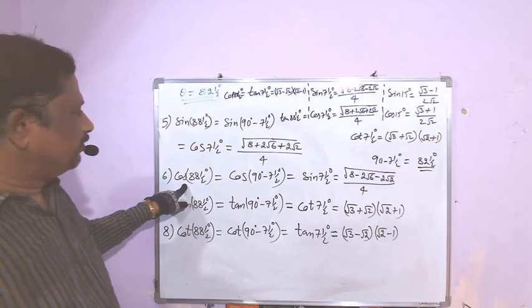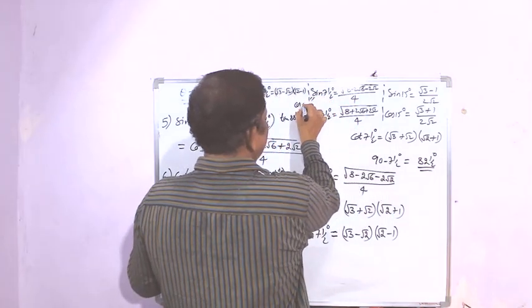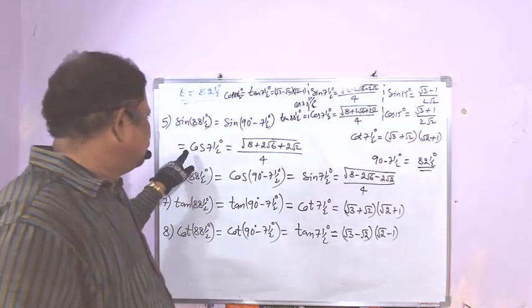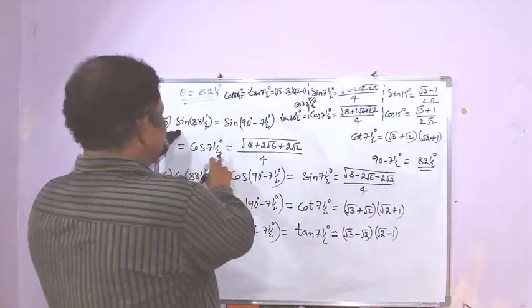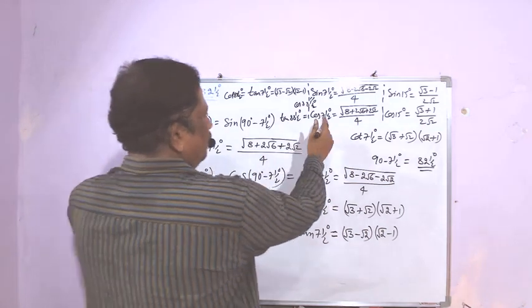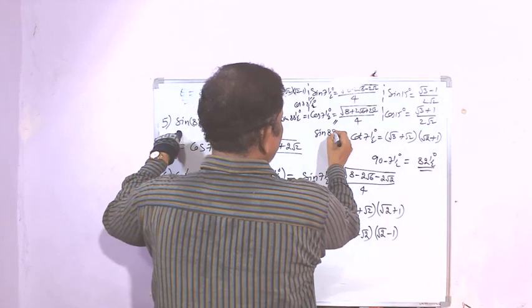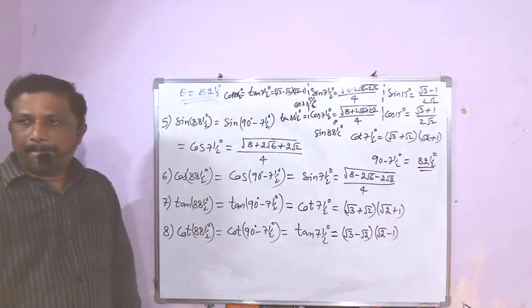Cos 82.5 degrees is equal to sin 7.5 degrees. Next, sin 82.5 degrees is equal to cos 7.5 degrees. Okay? Finish. Right.